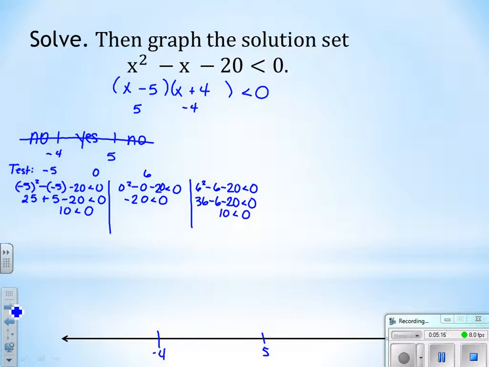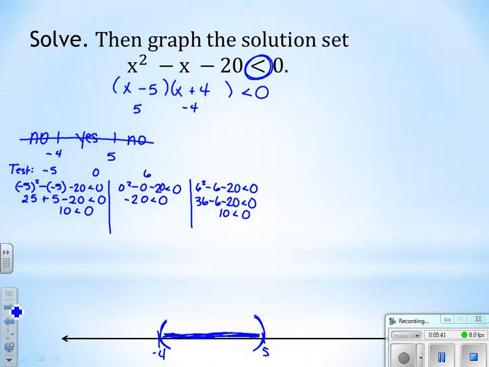Our less than symbol in the problem shows me that it's not going to include negative 4 or 5 themselves. So remember from our last section, that means that we will graph with the parenthesis rather than the hard bracket. And then you just shade in between them to show that all of these numbers in here are in our solution set.